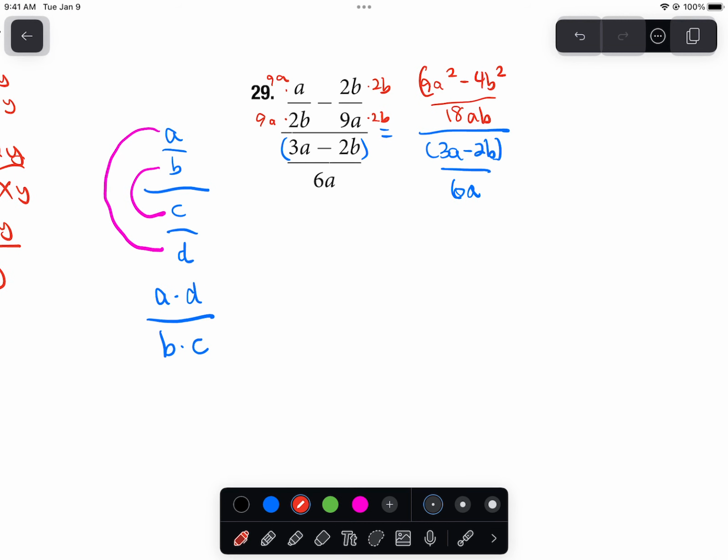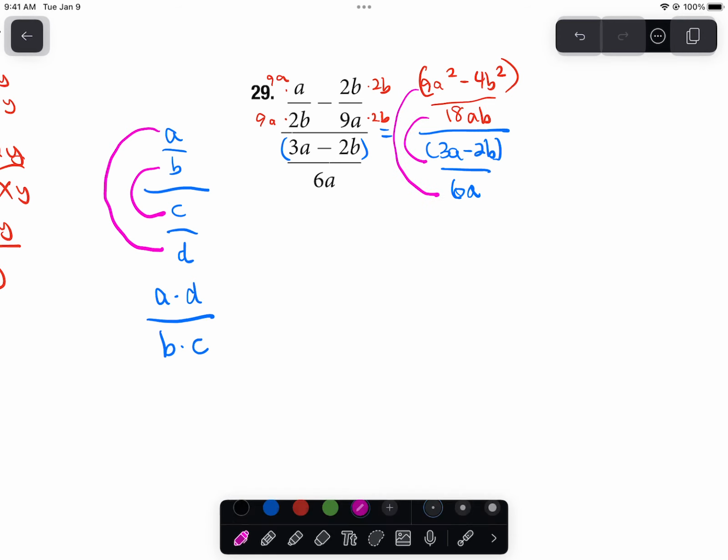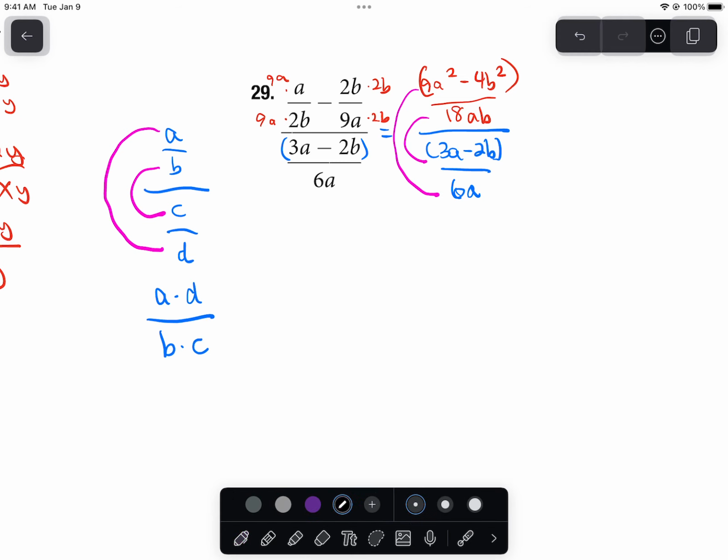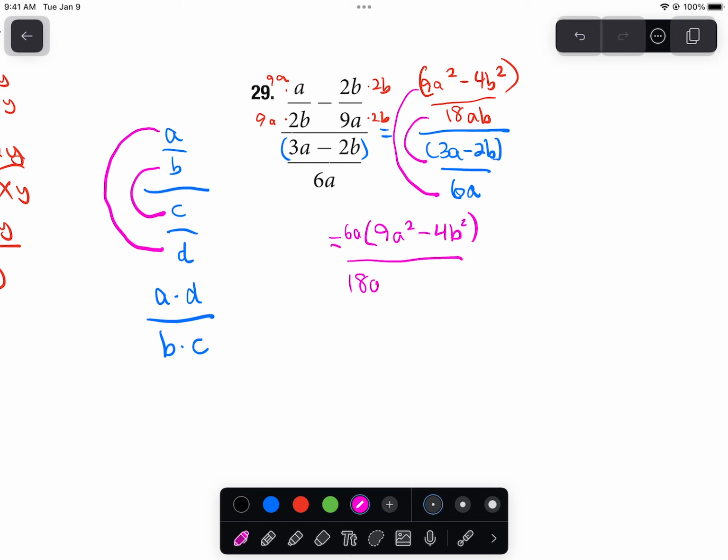Now, anything that has pluses or minuses, put in parentheses, and let's do big C over little c. Now, if we do big C over little c, on top, we're going to get 9a squared minus 4b squared times 6a. So let's put the 6a in front. Multiplication is commutative, write it in any order you want. And then we're going to get 18ab times 3a minus 2b.